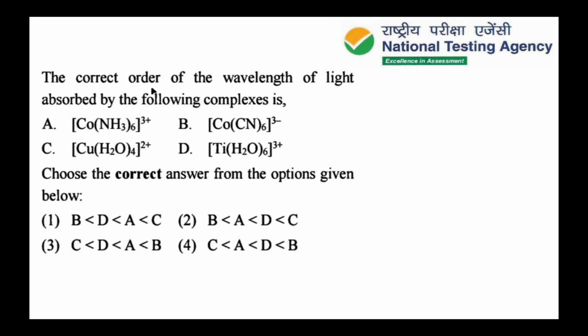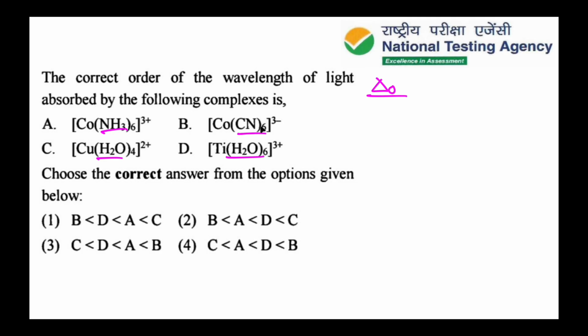The next question is: the correct order of wavelength of light absorbed by the following complexes. This is from the coordination compounds chapter. So here the crystal field splitting, delta O, octahedral crystal field splitting, depends upon the field produced by the ligand, that means ligand strength and the charge on the metal ion.